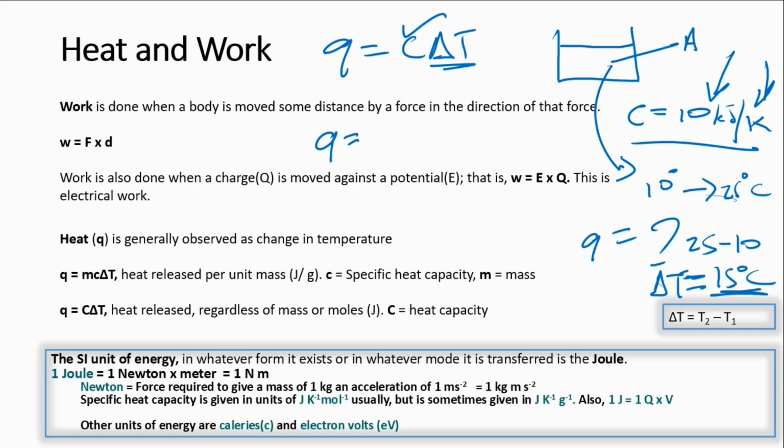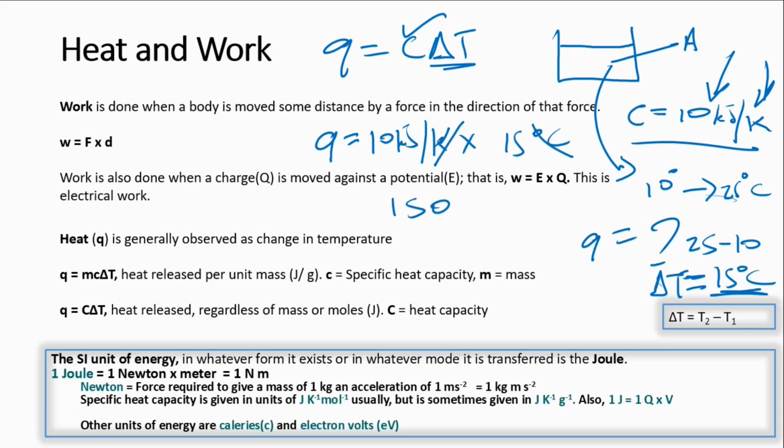So Q is equal to 10 kilojoules per Kelvin times the 15 degrees Celsius. And I can work that out easily. 10 times 15 looks like about 150. Degrees Celsius and the Kelvin cancel.